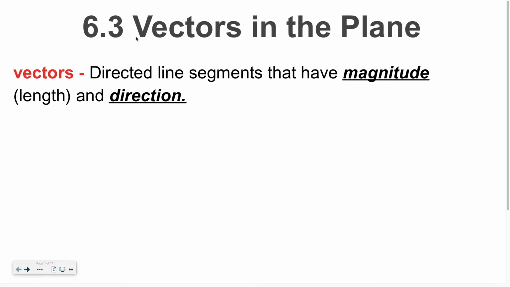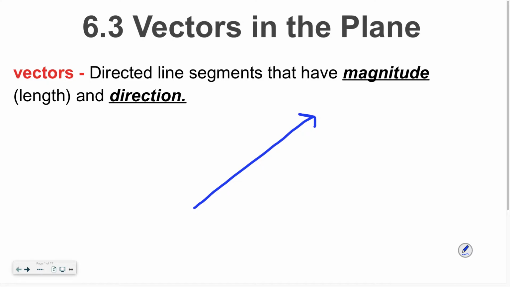So, based on our clip, okay, vectors are directed line segments that have magnitude and direction. Okay? You may remember seeing them as an arrow. When I say magnitude, what is that referring to from the vector?